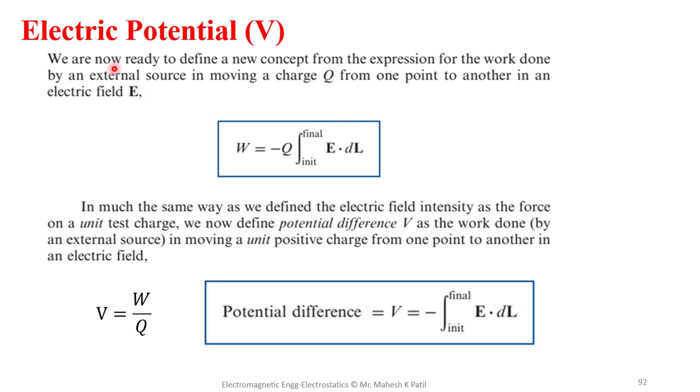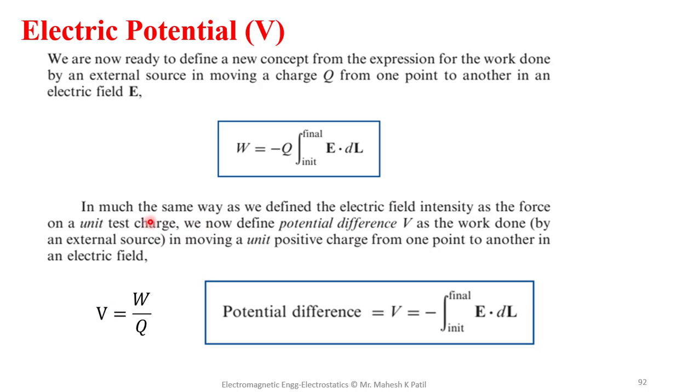So the total work done in the presence of electric field intensity while moving a point charge from initial point to final point can be given as W is equal to minus Q integration initial point to final point E bar dot dl bar. Clear? Now we want to calculate the potential. So work done per unit charge is called potential.